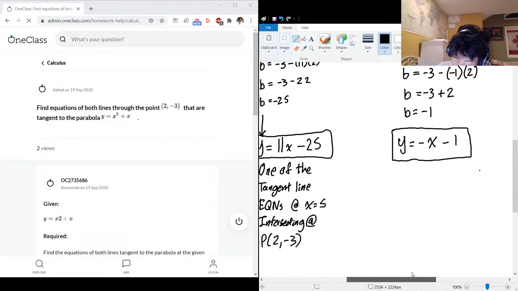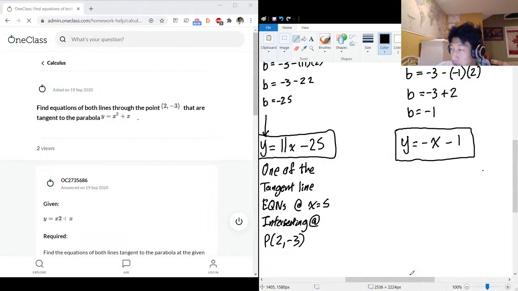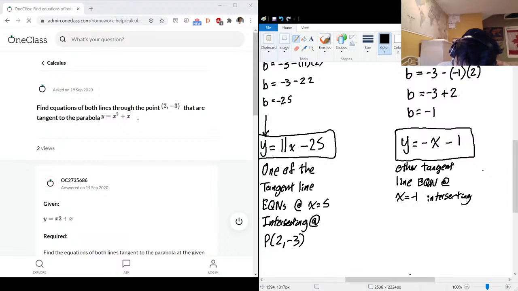And this would be our second, other tangent line equation at x equals -1, intersecting at P (2, -3).